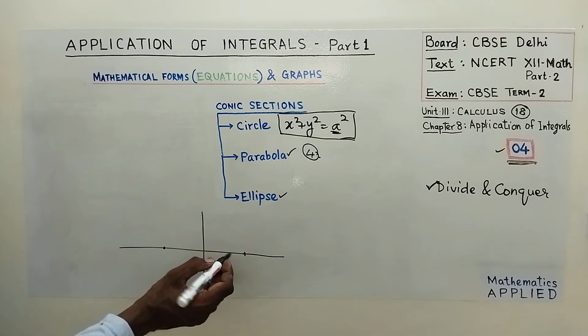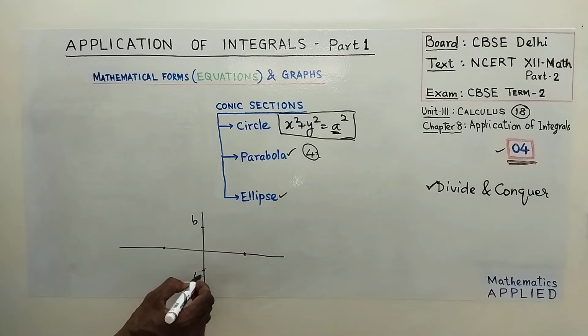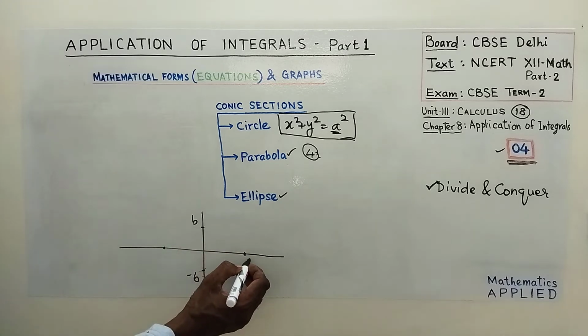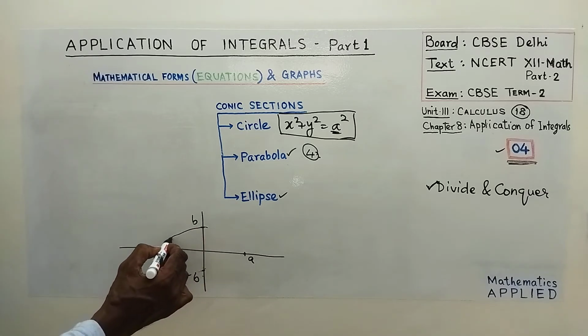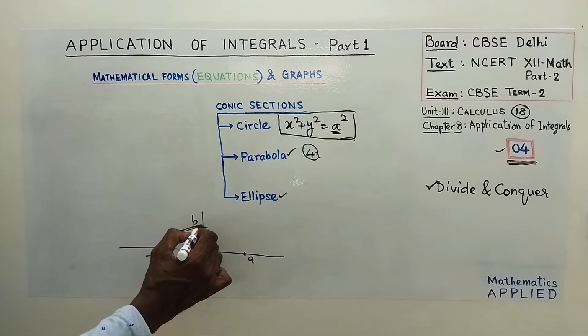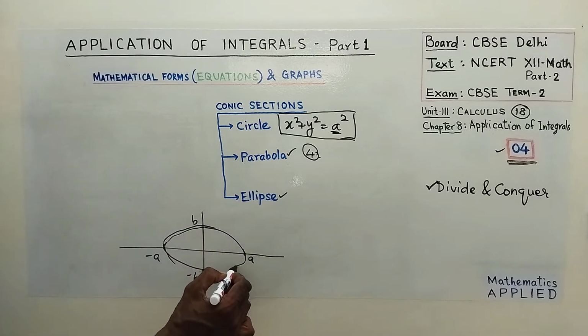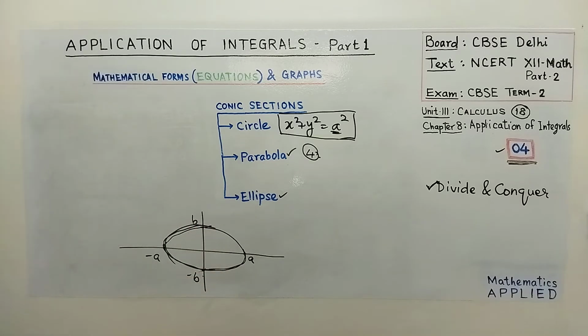If I press it from one side, it is going to be minus b and plus b, and on the other side minus a and plus a. If you connect these with a smooth curve, you will get an ellipse.